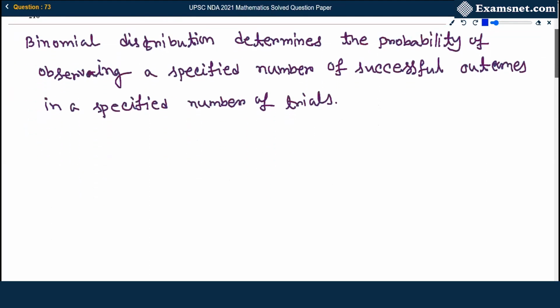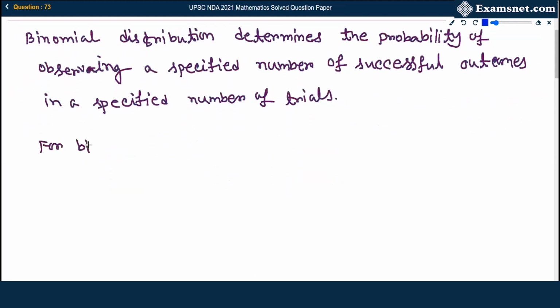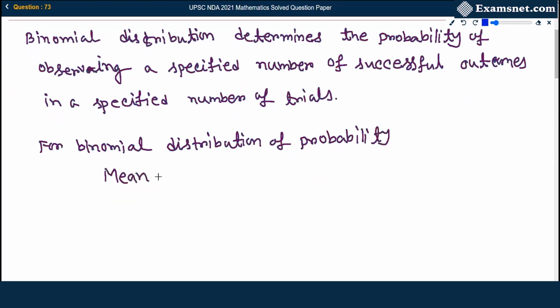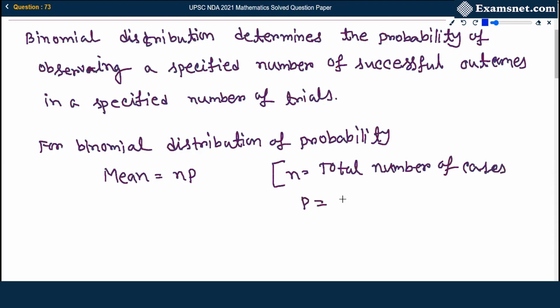So for binomial distribution of probability, mean can be found by the product of n and p, where n is equal to total number of cases and p equals probability of favorable cases or the successful outcomes, we can say.